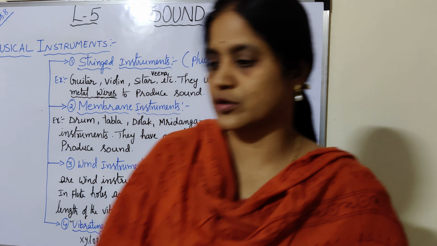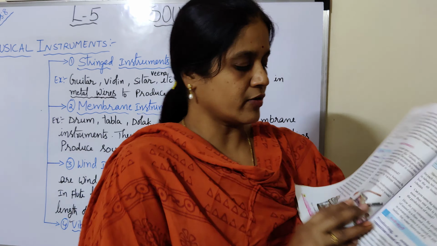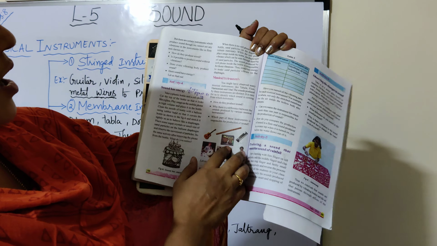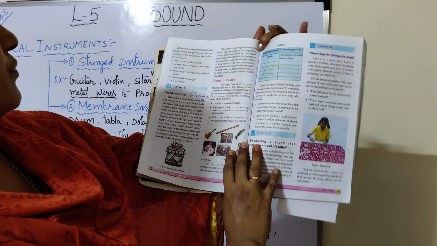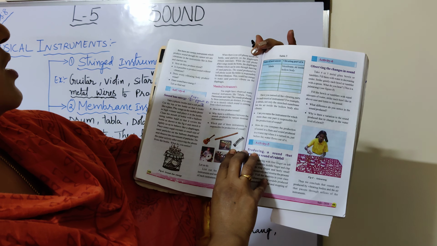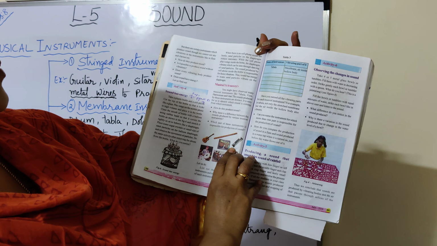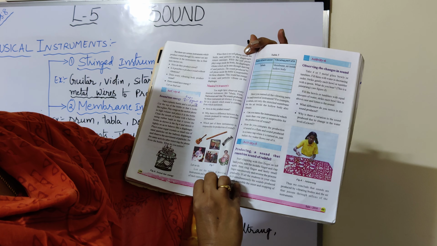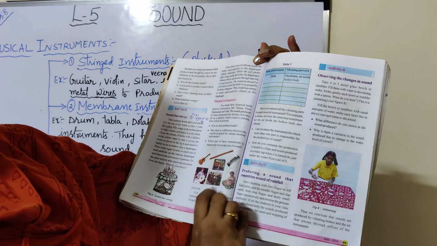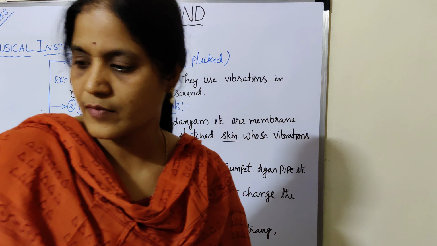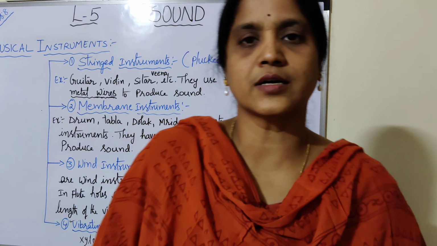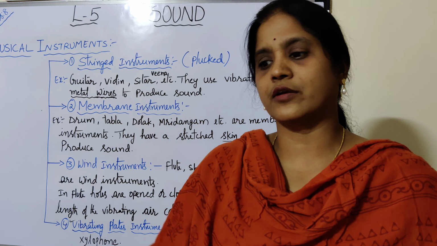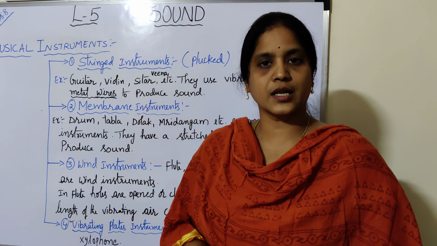For that, in our textbook it is given as sitar, flute, tabla, and this one, the harmonium. You have to draw those figures and name them. If they ask, you have to name the vibrating part of that musical instrument.